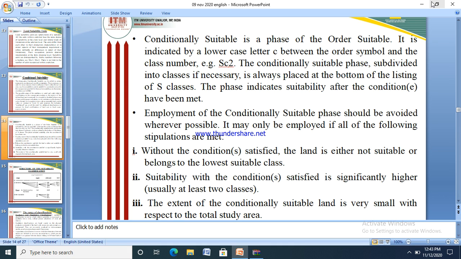Employment of the conditionally suitable phase should be avoided wherever possible. It may only be employed if the following stipulations are met. First, without the condition satisfied the land is either not suitable or belongs to the lowest suitable class. Second, the extent of the conditionally suitable land is very small with respect to the total study area.